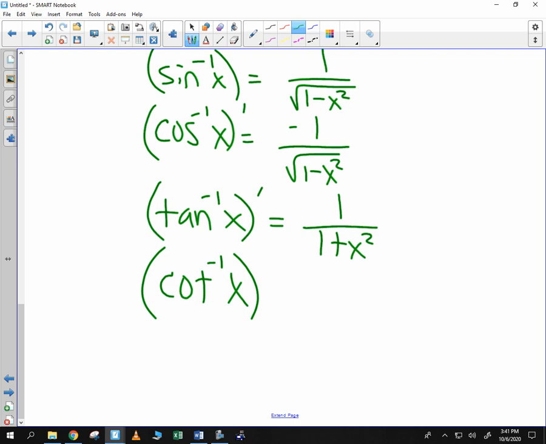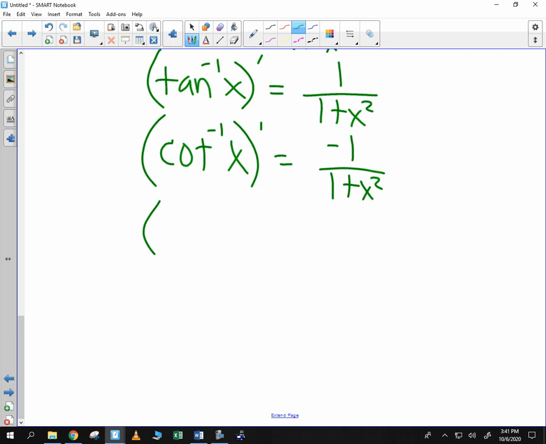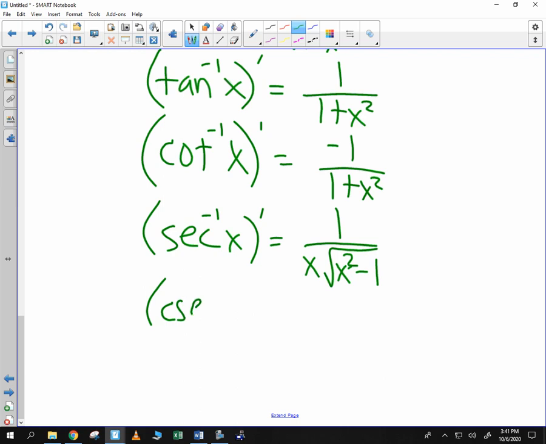The derivative of arc cotangent of x is negative 1 over 1 plus x squared. The derivative of arc secant of x is 1 over x roots of x squared minus 1. And the derivative of arc cosecant of x, sorry about the horrible writing there, is negative 1 over x roots of x squared minus 1.